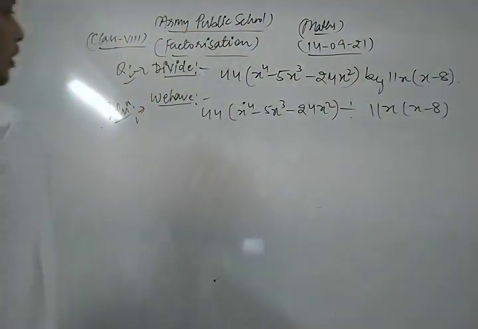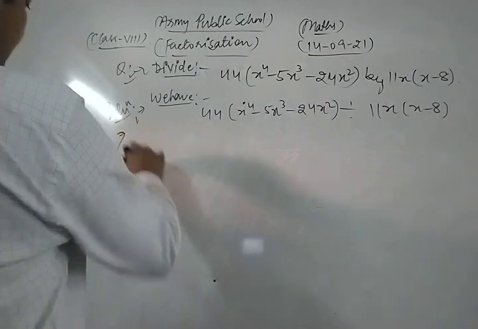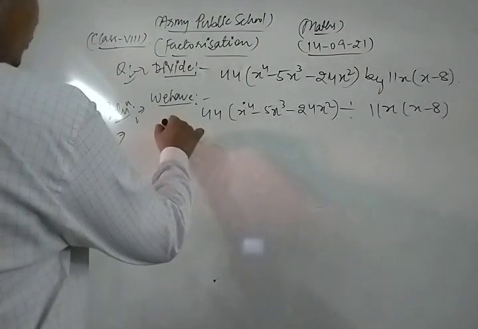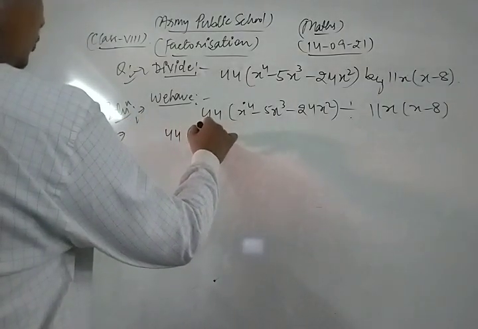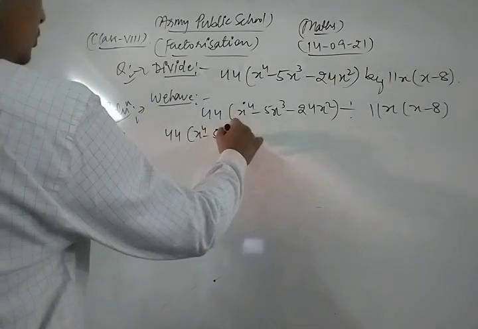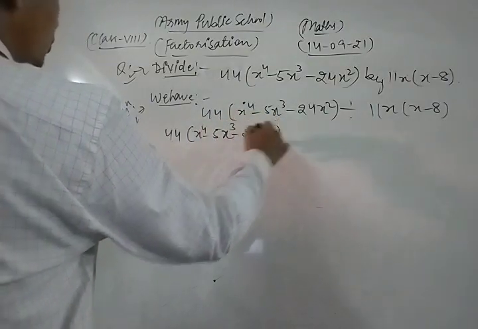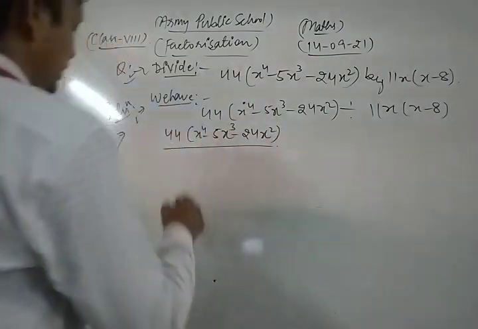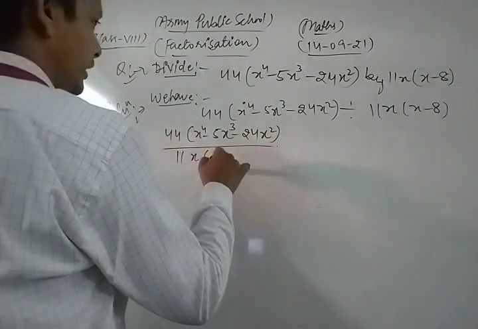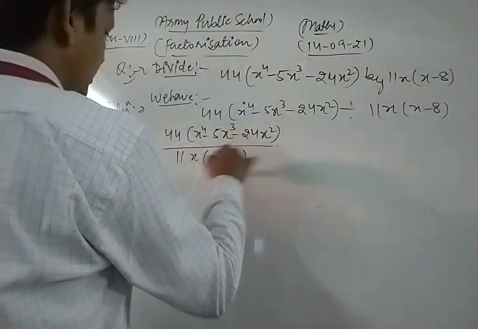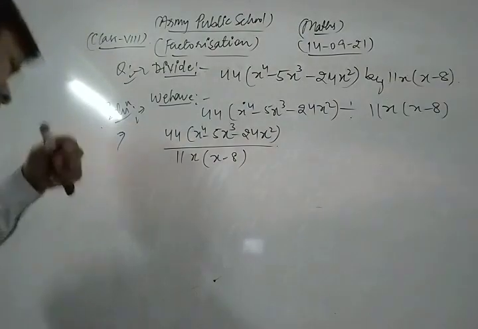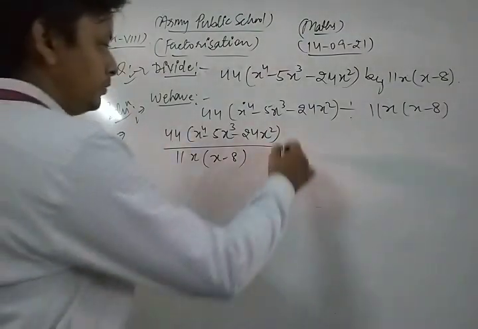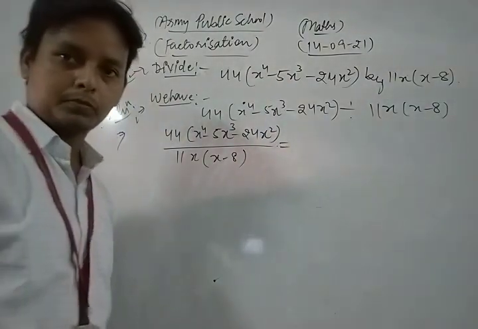Now, dear student, we can write it as 44x to the power 4 minus 5x cube minus 24x square divided by 11x, and in another bracket x minus 8.